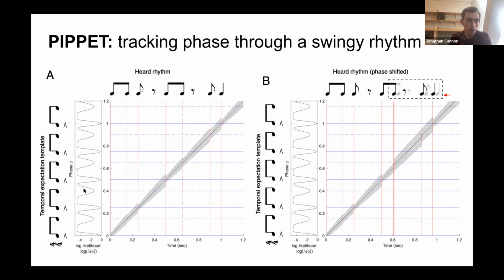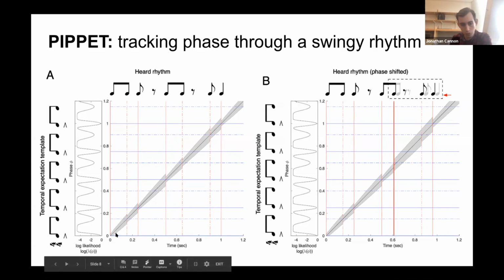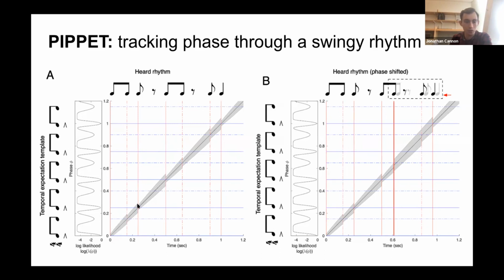And then the offbeats have a larger variance and/or weaker expectations. And as you hear a rhythm, each of those events is incorporated into a phase estimate. And you can see through the gray shading here that the uncertainty about the phase estimate decreases at each event. And the line shows that phase is tracked through the whole rhythm.